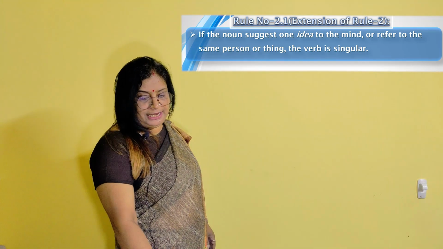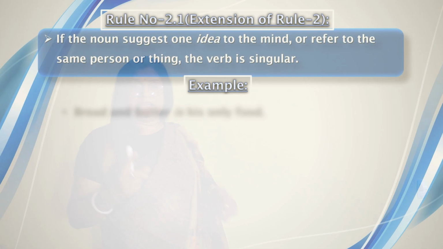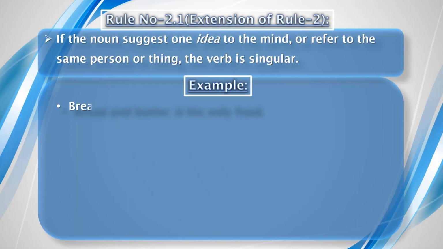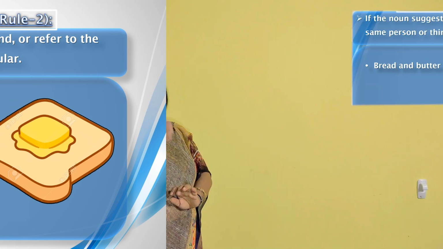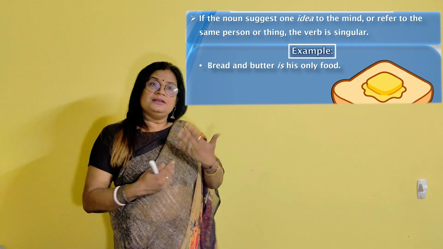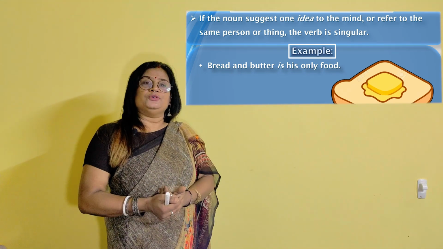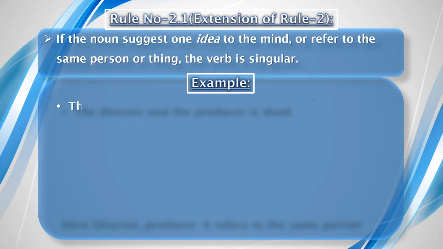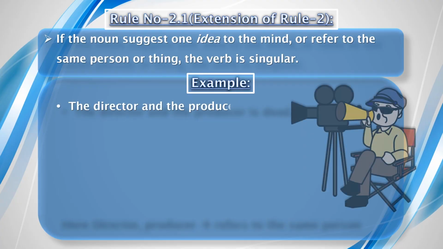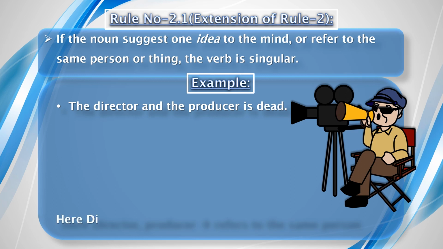So you see, bread and butter refers to the same thing, each one complements the other. So bread and butter is my favorite food, or is his only food, whatever you say. Why is? Because it's referring to the same thing. Now suppose I'm talking about persons: the director and producer is dead.